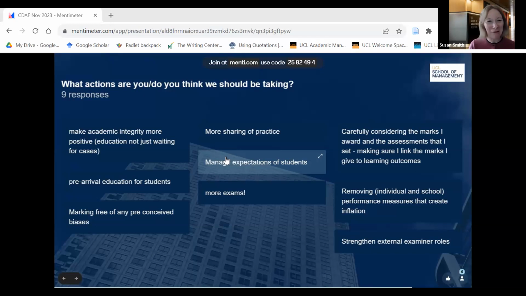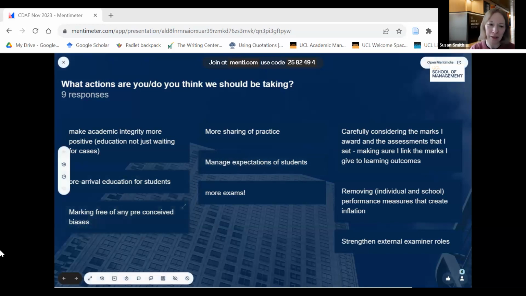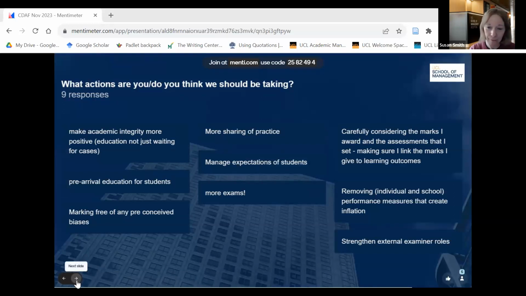Some of them discount, some of them weight years differently as well. So it may not be as simple as one might think. But yes, I think investigation at the modular level without necessarily having that degree algorithm overlay might be a fruitful avenue to follow. No more exams.